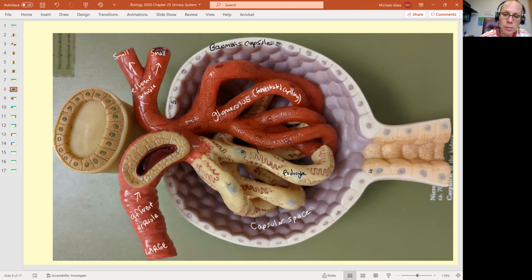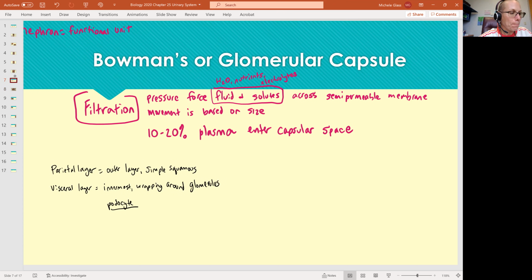And we're going to talk about these spaces here as a filtration slit. So we're going to see these podocytes are going to form the filtration slit. So that when we talk about filtration happening, we're going to see materials exiting the fenestrated.